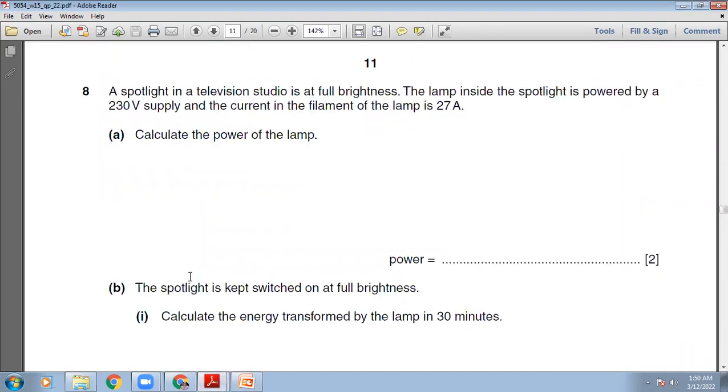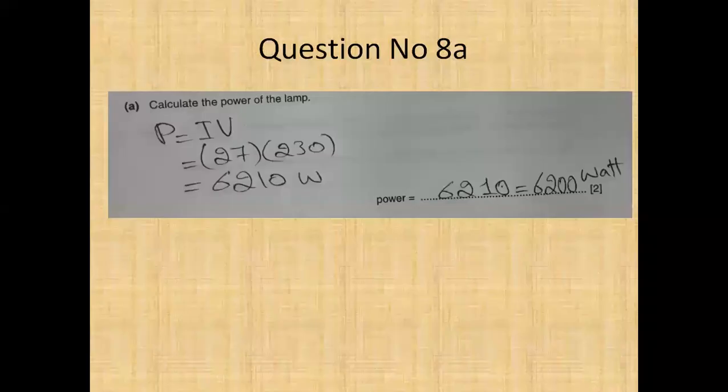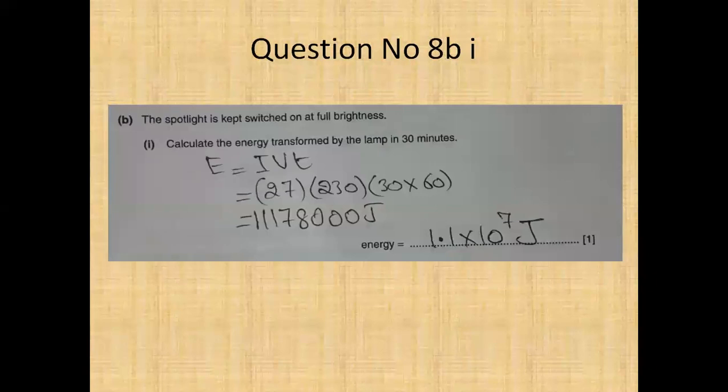Then it says the spotlight is kept switched on at full brightness. Calculate the energy transferred by the lamp in 30 minutes. You know the energy is equal to IVT. The I value is given, the V value is given, the T is 30 minutes, but we don't take the time in minutes, we take the time in seconds.